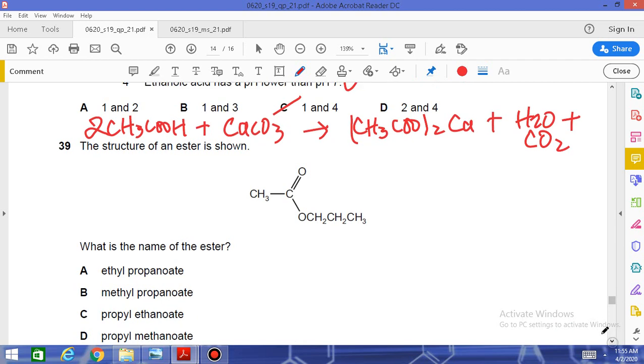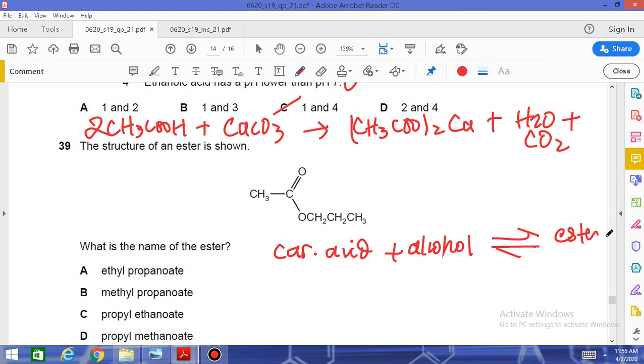Okay. 39. What is the name of the ester? Ester is made from alcohol and carboxylic acid. When carboxylic acid reacts with alcohol, ester and water are produced.